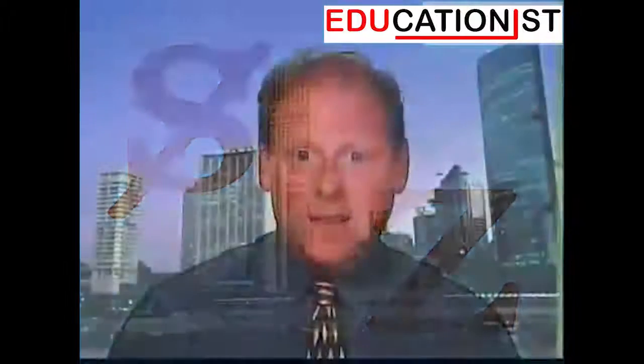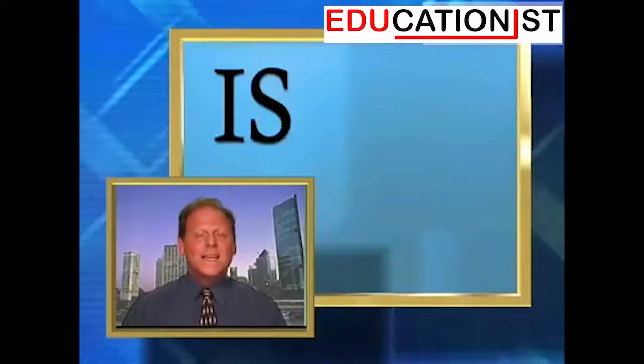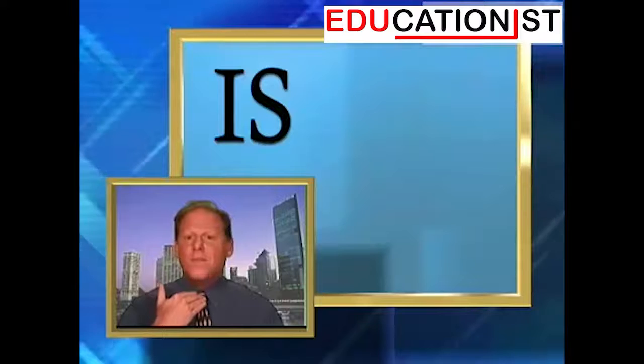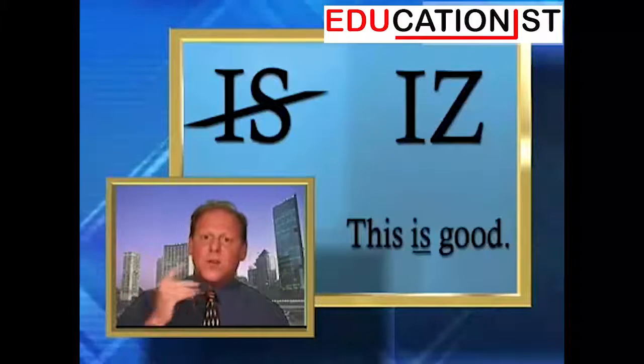Okay, now for something else. As you know by now, English is a difficult and a crazy language. All these words that I'm going to show you now are written with an S, however, they are all pronounced with a voiced Z. Why this is, I have no idea, but this is how English is. Here we go. The word is, it's not unvoiced, it's pronounced as if it were a Z. Is, this is good.